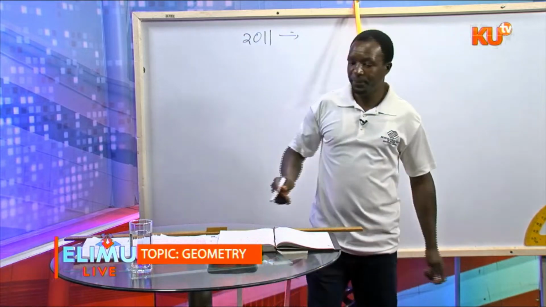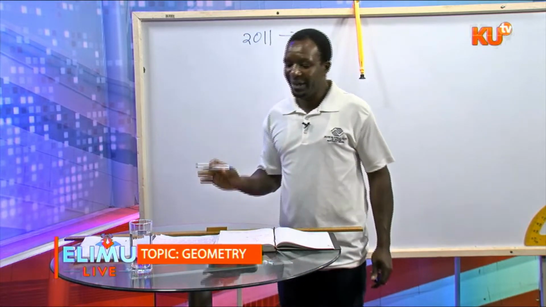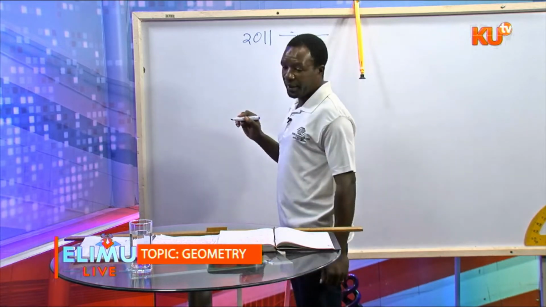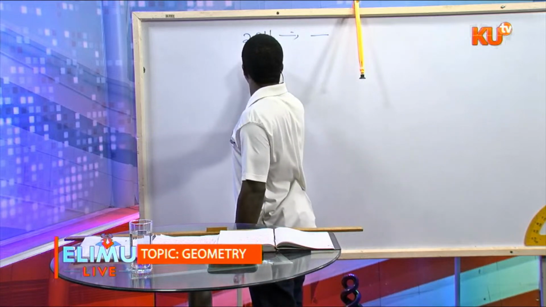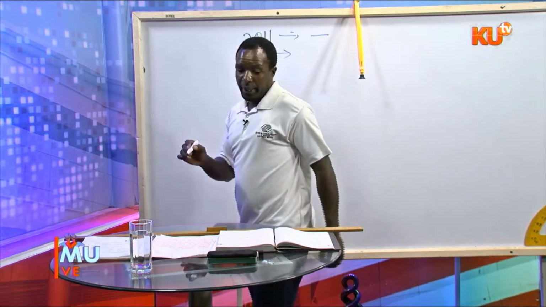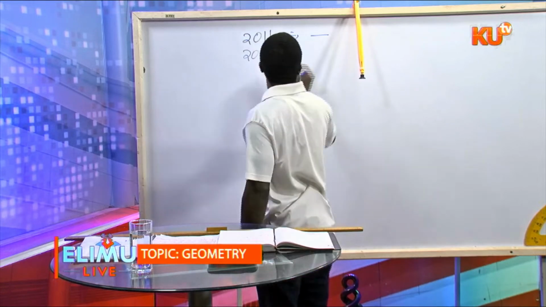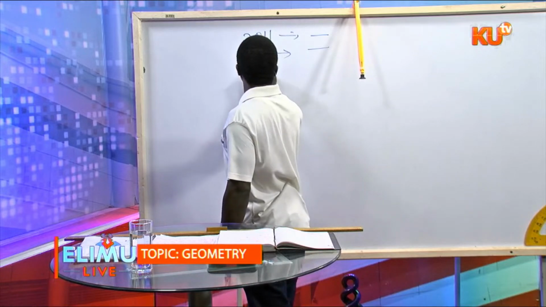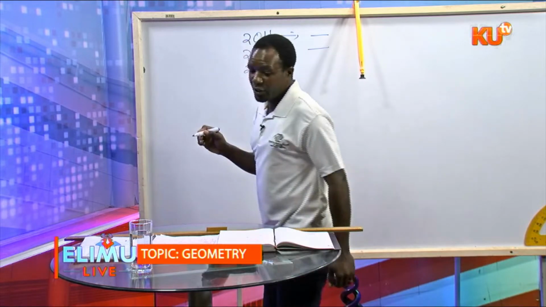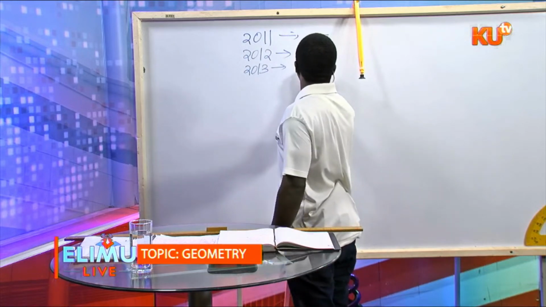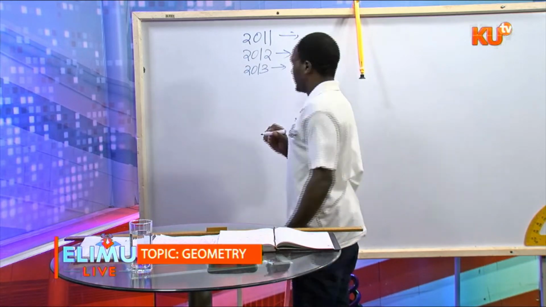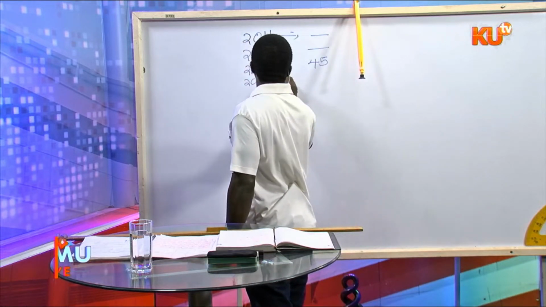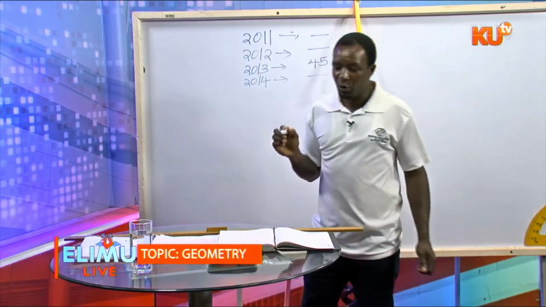In 2011, they did not bring any question on construction of a circle. In 2012, they did not bring any question. In 2013, this is where they brought a question number 45. In 2014, they skipped that year.